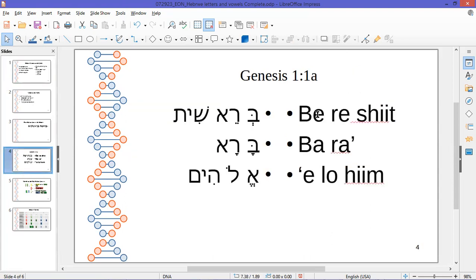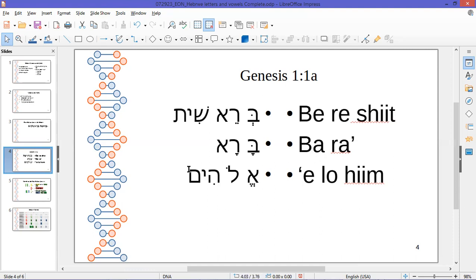And then this R, that's the re. Resh. This Alef, the Europeans say it doesn't have a sound. It technically does. We'll go into all that, but since it's not the letter of the week, we're not going to worry about it too much per se.